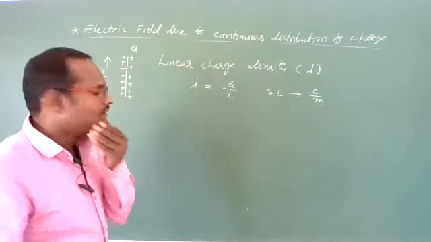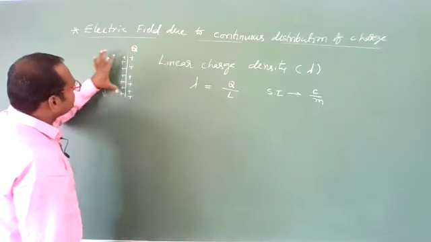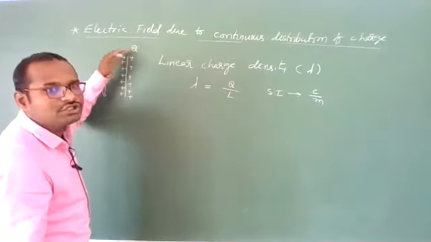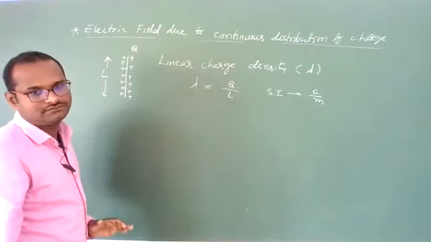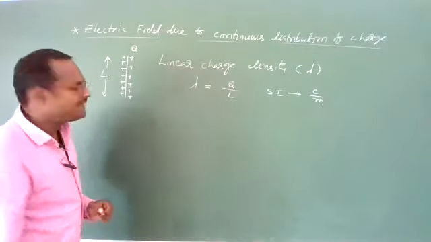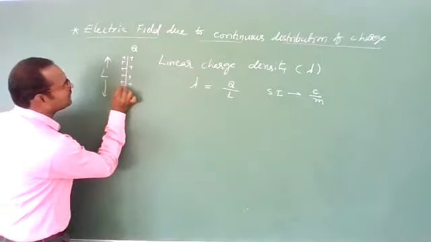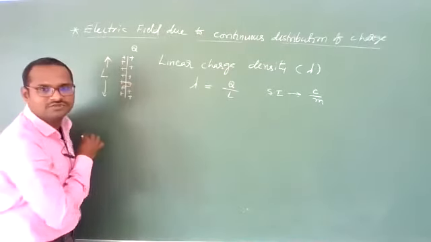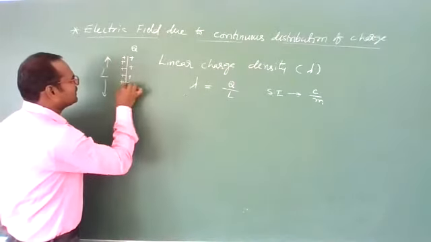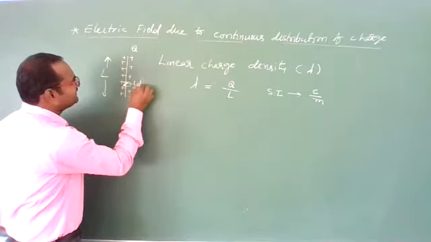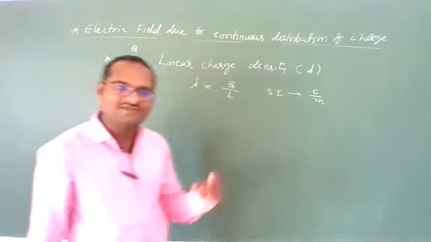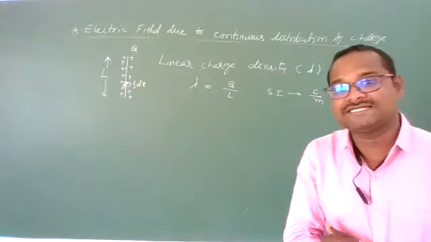Now, total charge Q is distributed uniformly here over a length L. Now, in a small elementary portion of length dx, how much charge is distributed?